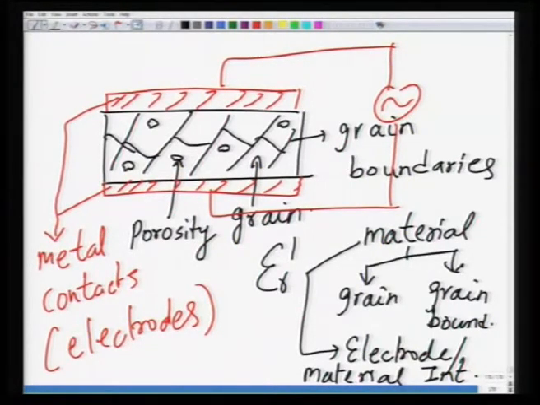Suppose the electrode is made of a good metal, the electrode will not contribute to any capacitance. But the significant contribution comes from the space charge accumulation, or the nature of this interface. The nature of this interface is extremely important in evaluation of the real dielectric constant of the material.